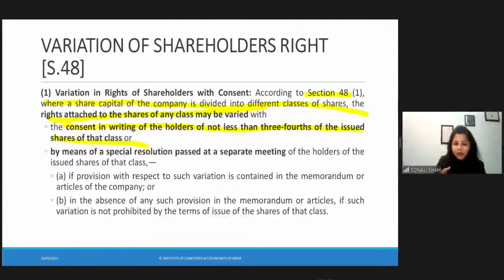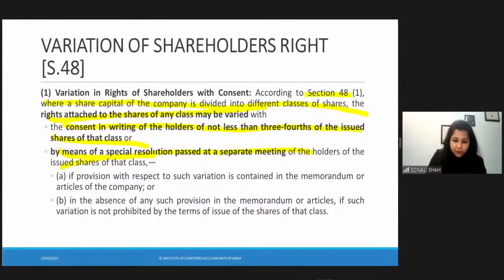How will that approval be done? Either they will give consent in writing or by means of a special resolution passed at a separate meeting of the holders of the issued shares of that class. So either they can give a consent in writing or a special resolution can be passed at a separate meeting of that class.